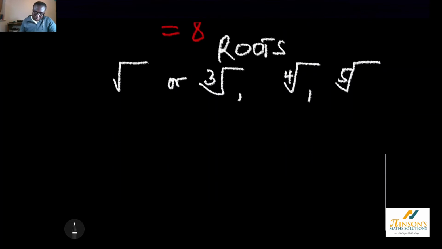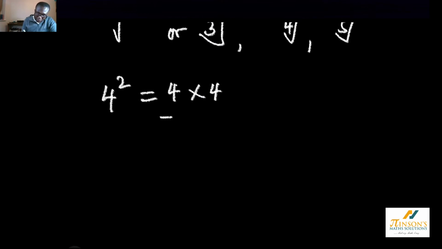Basically, if I know that 4 squared is the same as 4 times 4, and that will give me 16, and I want to work out the square root of 16, what I want to find out is what number did I square to get 16? I need to be very good at my numbers.